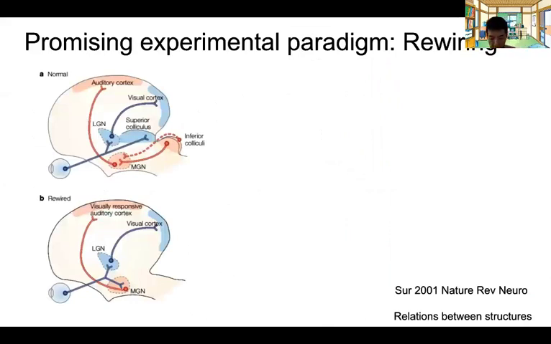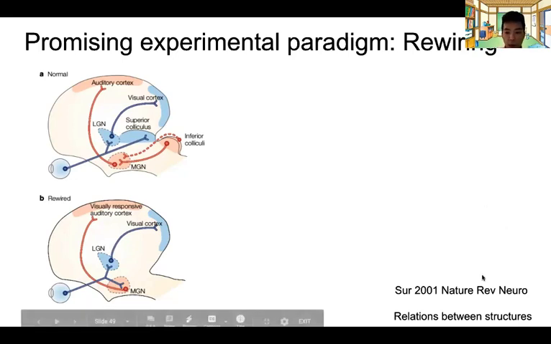For any kind of experiment, it is always necessary to test the hypothesis, and one of the promising paradigms, I think, is this rewiring experiment. This is a quite radical kind of experiment, but it has various interesting properties.